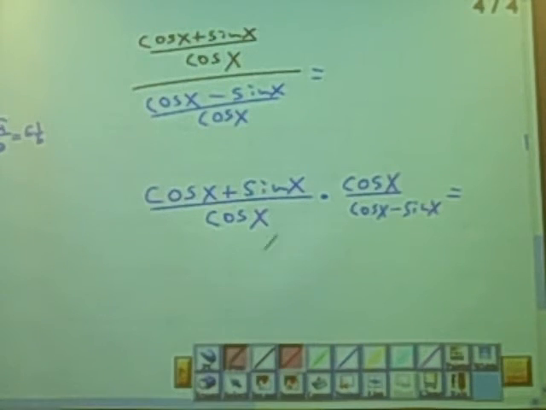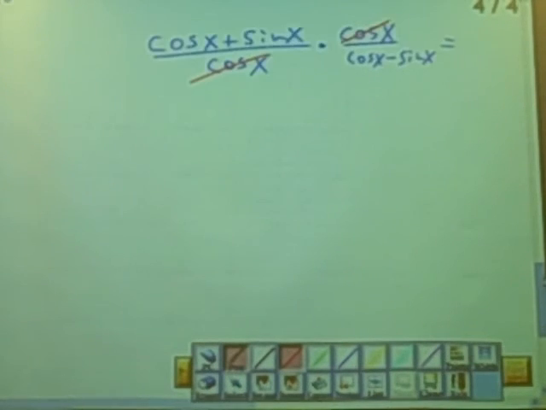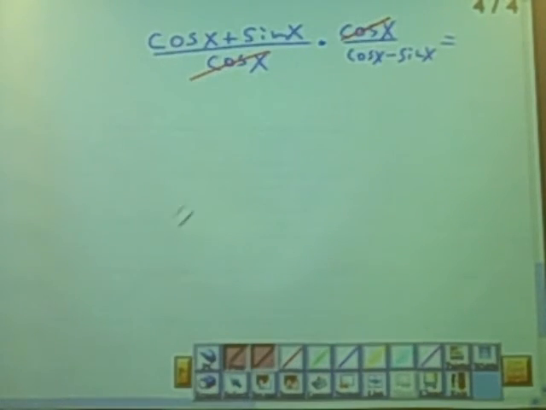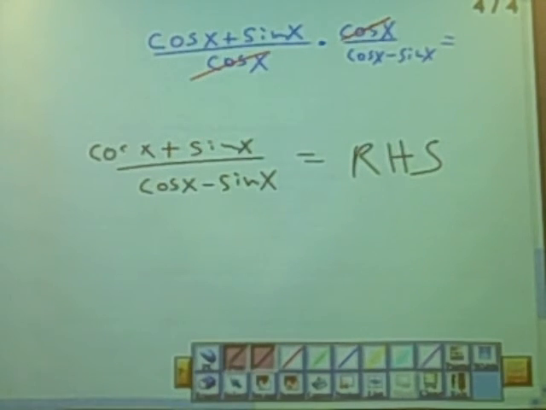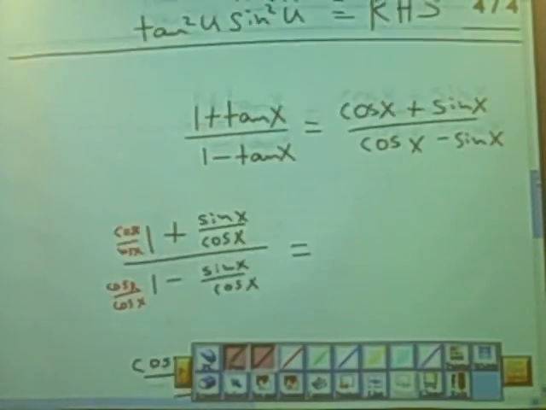Well, the cosine x's can cancel, and so we have cosine x plus sine x over cosine x minus sine x, and that equals our right hand side. And that's what we wanted.